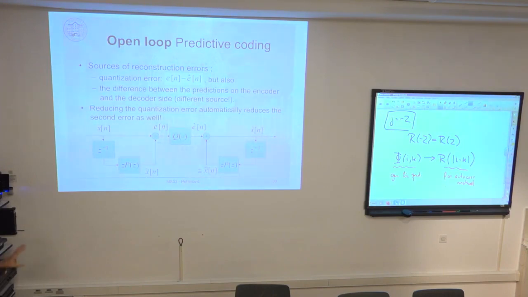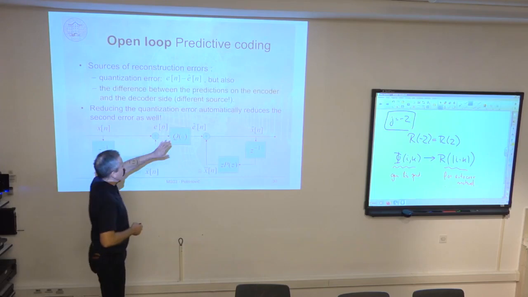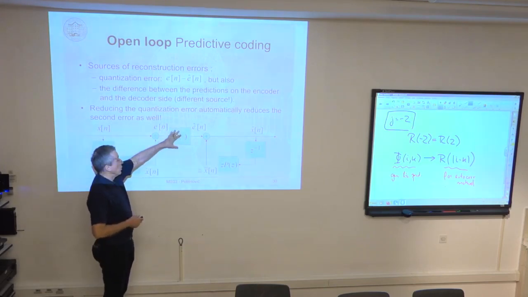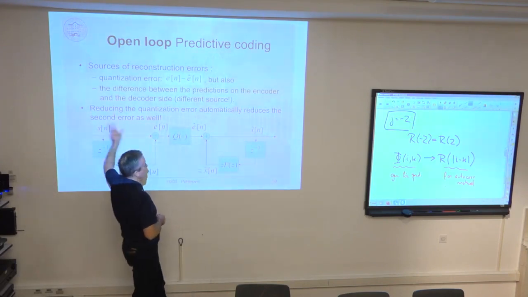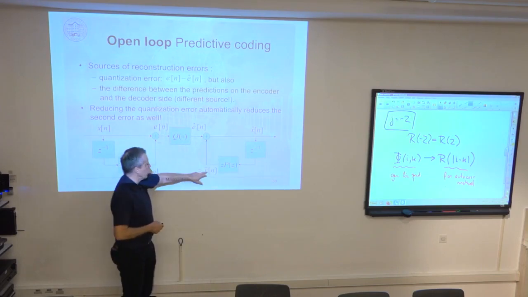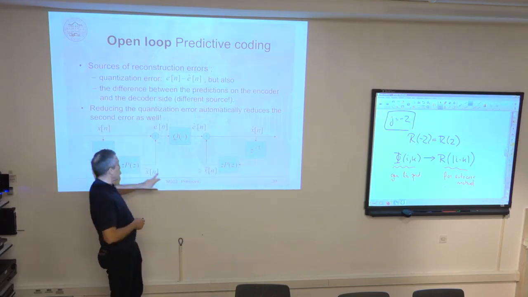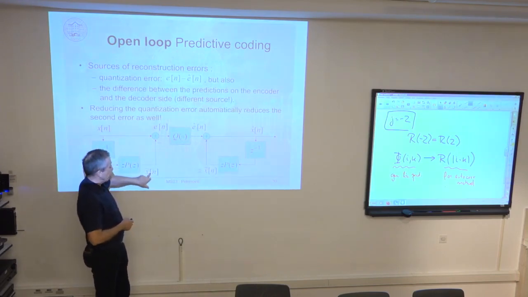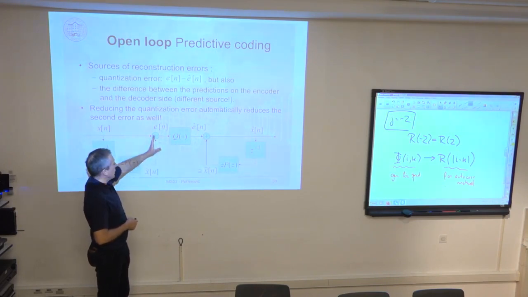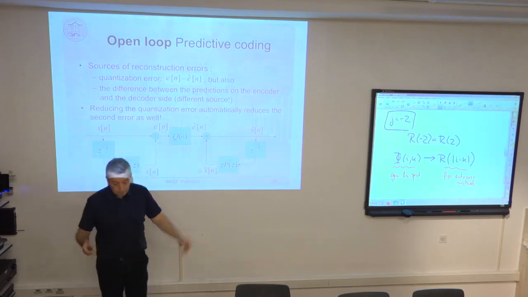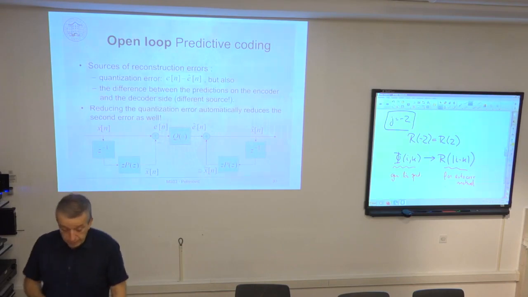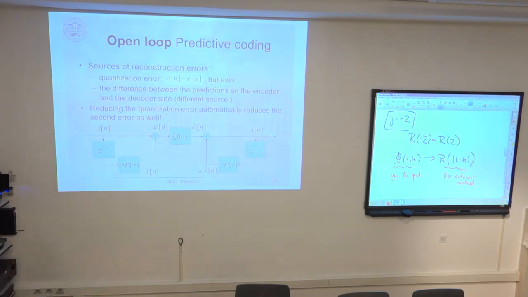If I would have ideal quantization with no error, then x hat would be equal to x of n, and the prediction x tilde on this side would also be equal to x tilde on the other side. Whatever I subtract here, I simply add the same signal here, and of course I should get the ideal reconstruction.